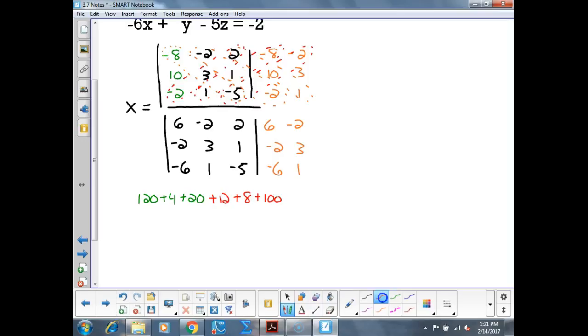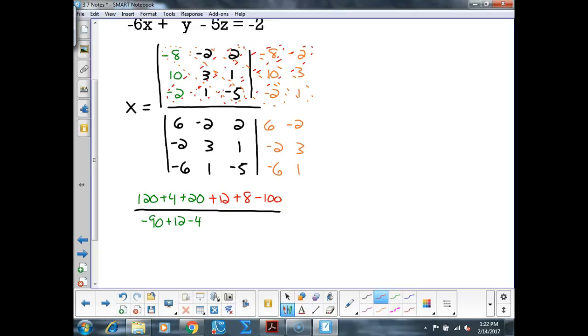Yep, that negative 2. Yep, I did miss it, negative 2, so this one's minus 100. Okay. Then all of that is over. Oh, negative 90 plus 12 minus 4.